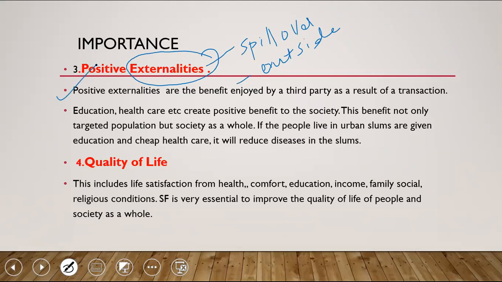What are positive externalities? Positive externalities are the benefits enjoyed by a third party as a result of a transaction. When you do an amount of work, automatically some benefit you are getting. That is known as positive externality. When you are doing a particular work, automatically you are getting some benefit. That is known as positive externality.